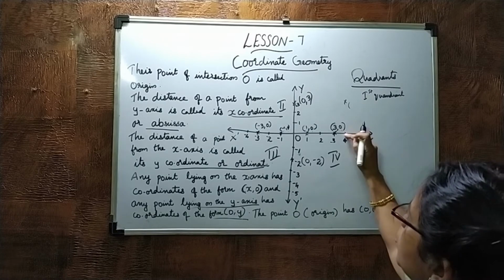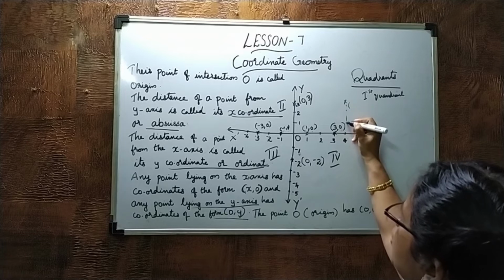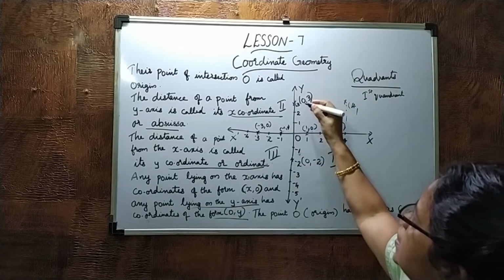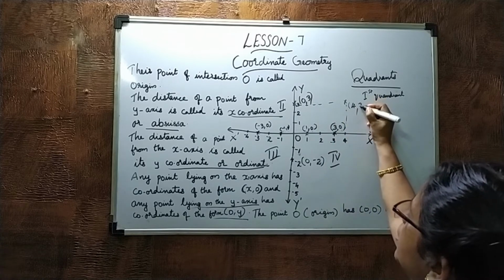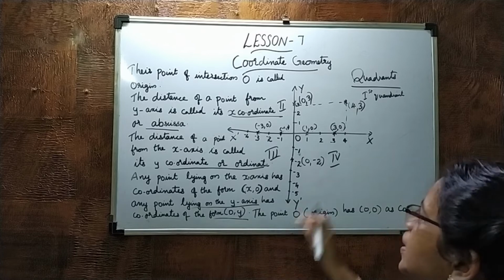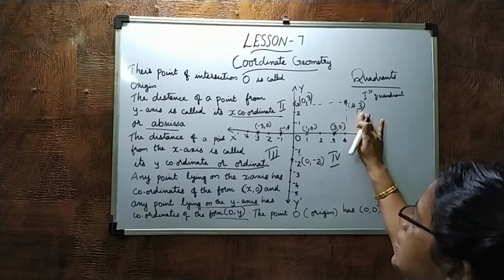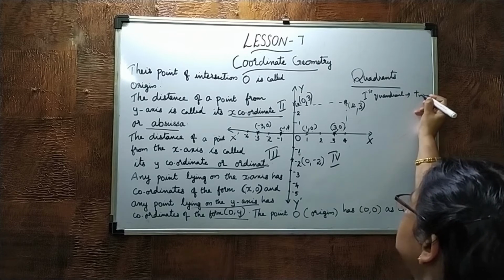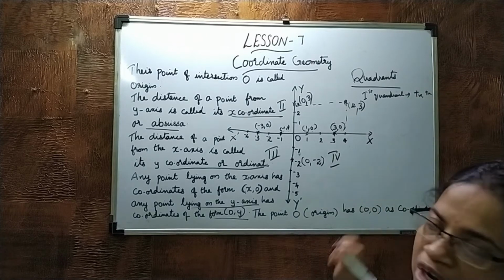It is 4. Then the y coordinate? Here it is 3. So the coordinates are 4, 3. Positive 4, positive 3. So both are positive.